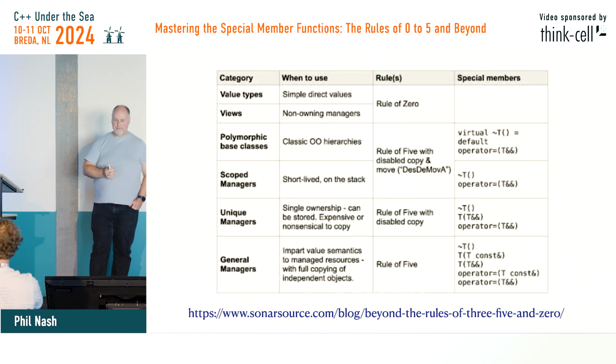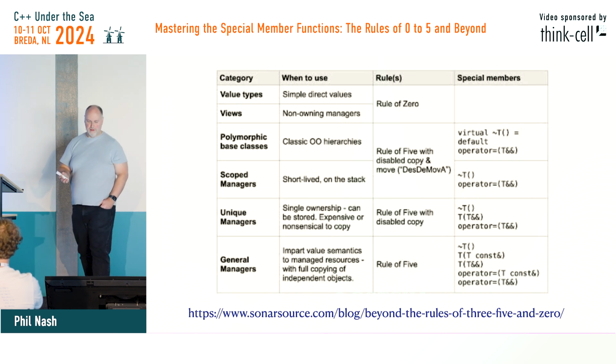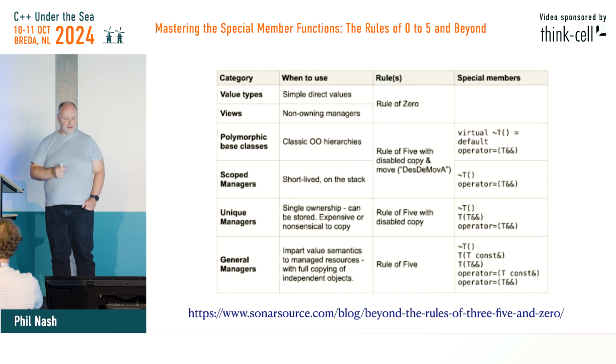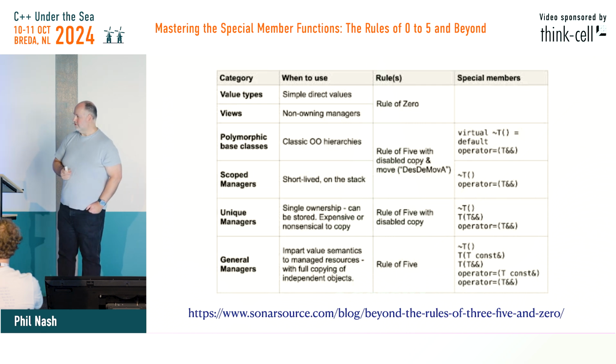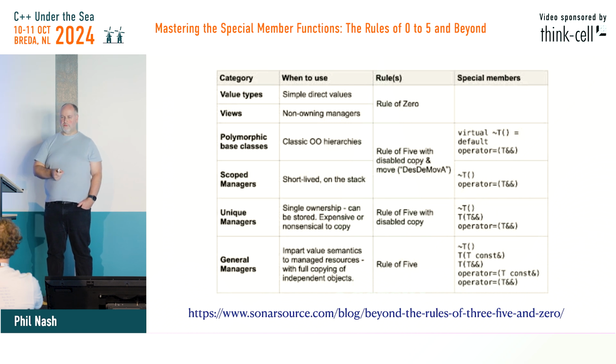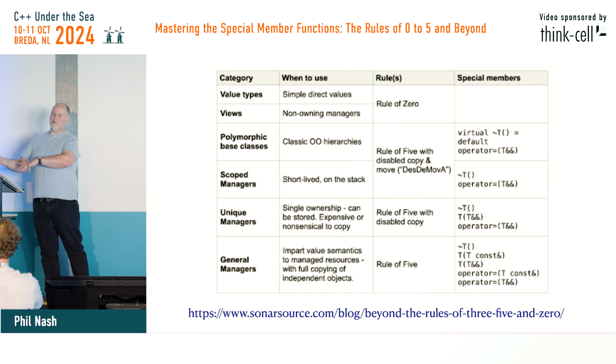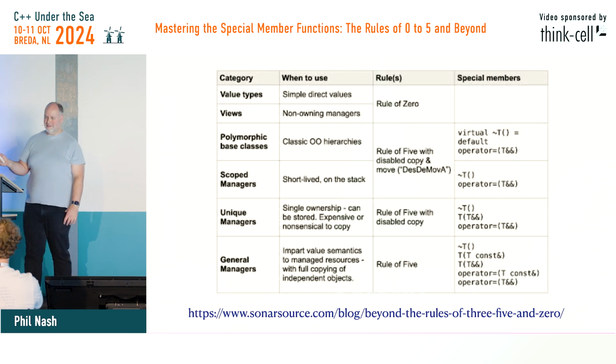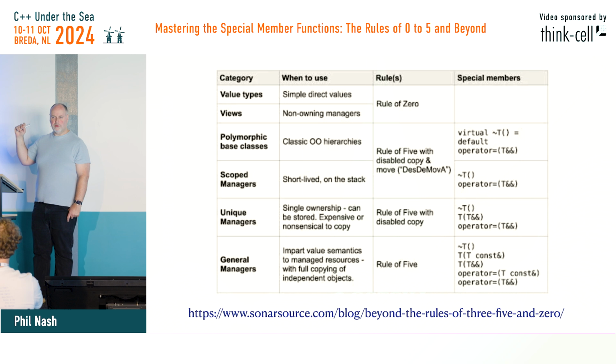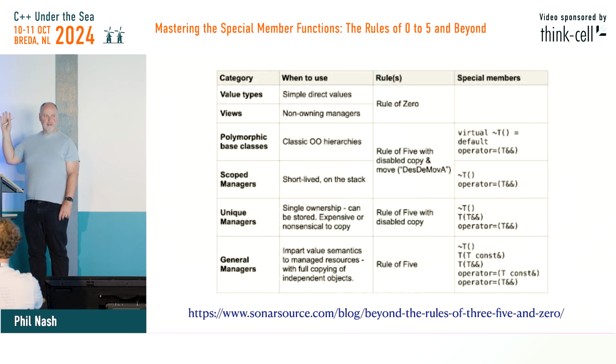We've got 3 types, and you'll recognize the pattern. Scoped managers, unique managers, and general managers. So scoped manager, the classic example is boost scoped pointer. Probably not very used today, because when we used to use scoped pointer, what we really wanted was unique pointer, but we didn't have it. But who's familiar with boost scoped pointer?